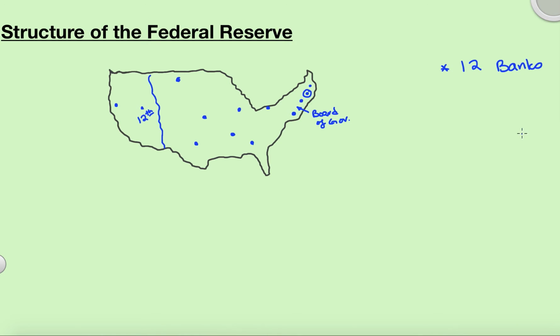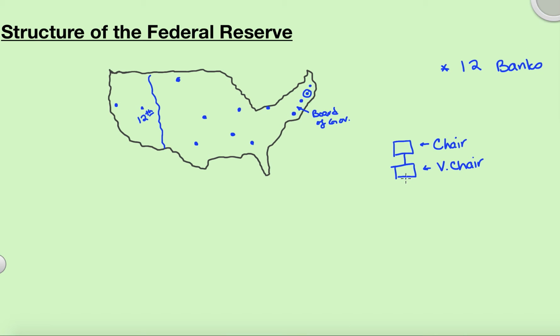So how is this Federal Reserve set up? Okay, so the Board of Governors. The Board of Governors starts off with the chairman of the board. And underneath the chairman of the board is the vice chairman of the board. Now, both the chairman and the vice chair are appointed by the president and confirmed by the Senate.